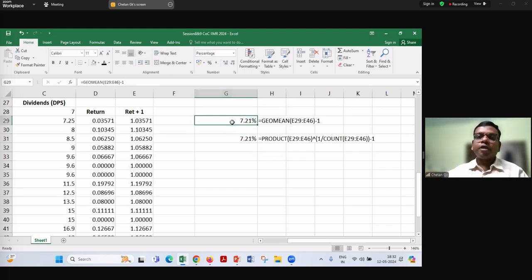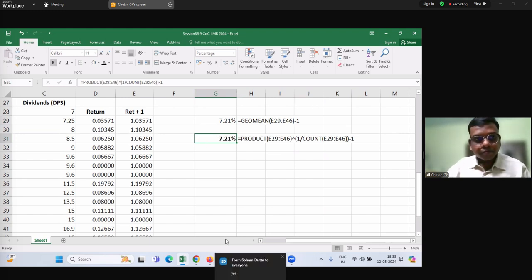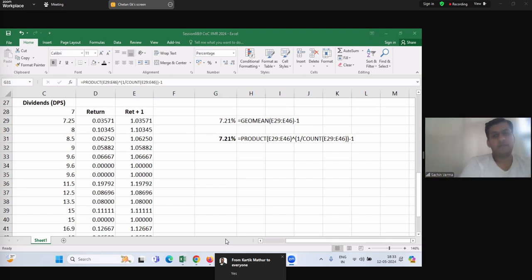So there are two ways of doing it. How many got 7.21? Just put it in the chat box. Let us see how many are doing along with me. Soham, I'm not getting return plus 1.